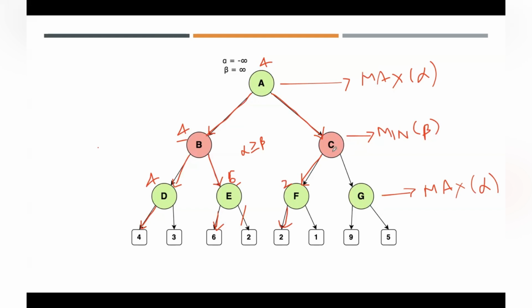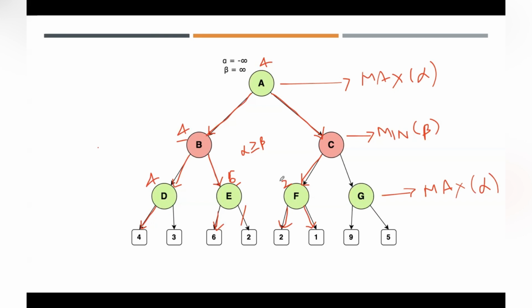The parent is F, that is the min of B. After returning this, we need to decide whether to traverse towards the right side of F or not. For that, we need to compare the value of F with its parent node. This parent is C. As the parent doesn't have any value, we cannot compare 2 to its parent, right? So you need to move towards the right side of the node F.